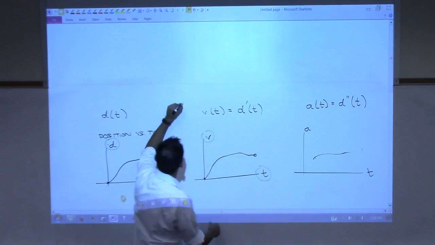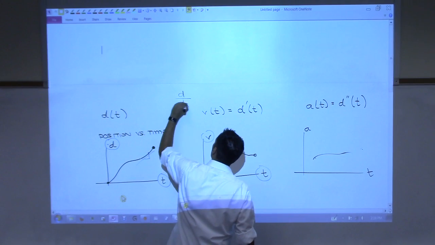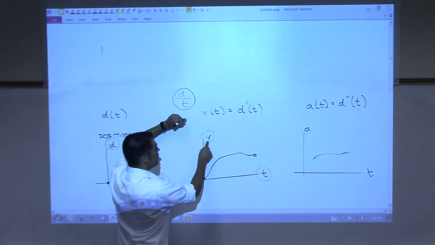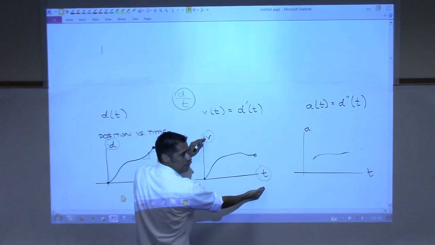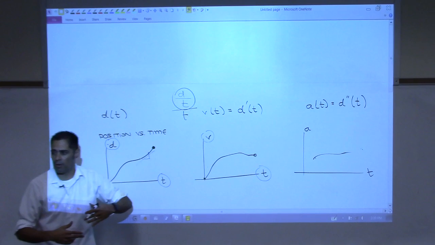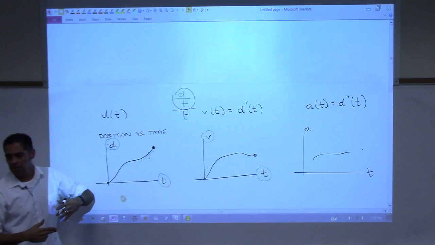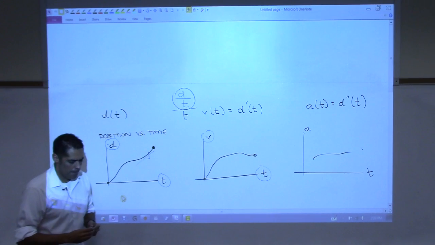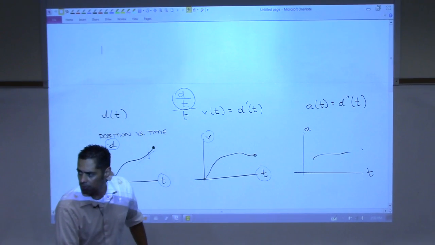This is distance over time, right? Distance over time is velocity. Now, if I divide that by time again, I get acceleration. So you divide this by time again, that's where you get your time squared from. So that's all that is. Understand, kind of? They're just taking the second derivative.